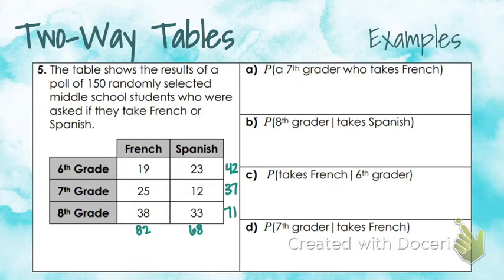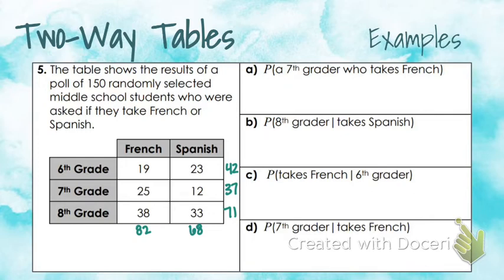So part A says the probability of a 7th grader who takes French. Okay, so you need to pause. There's no bar in that. So that's missing from part A. So that means that this is not conditional. So don't get caught up in that it has to be conditional.